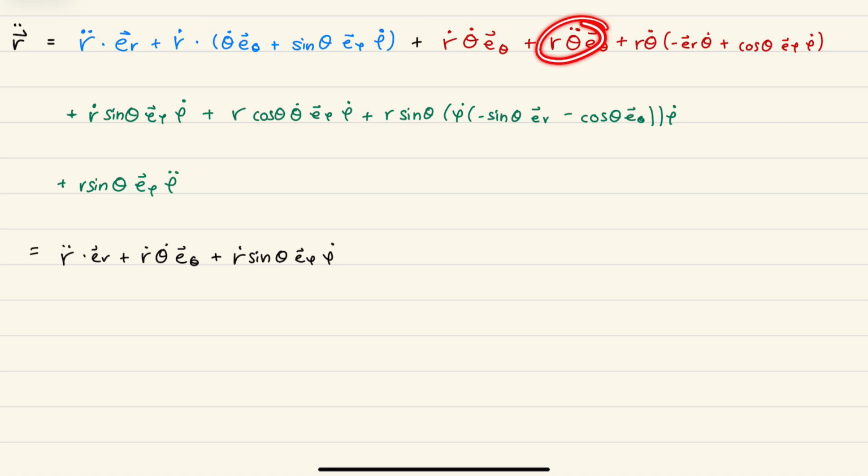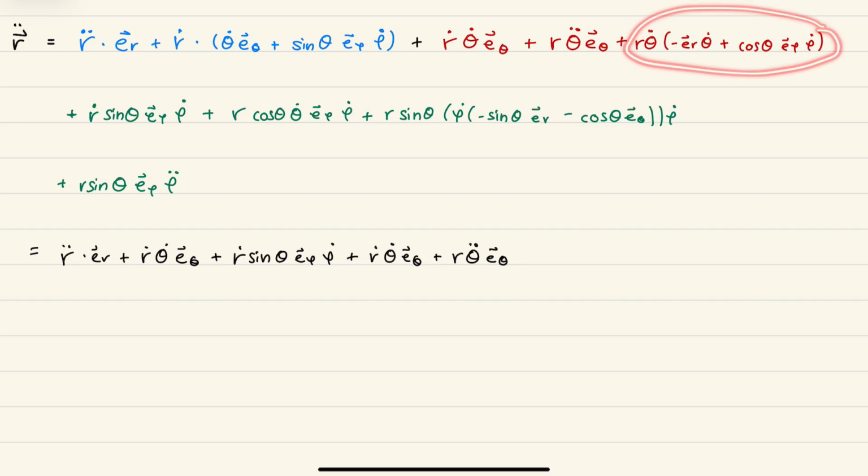This one and this one don't require any attention. We can just copy those. R dot e theta plus r theta double dot e theta. For this term right here, we can distribute the bracket again.